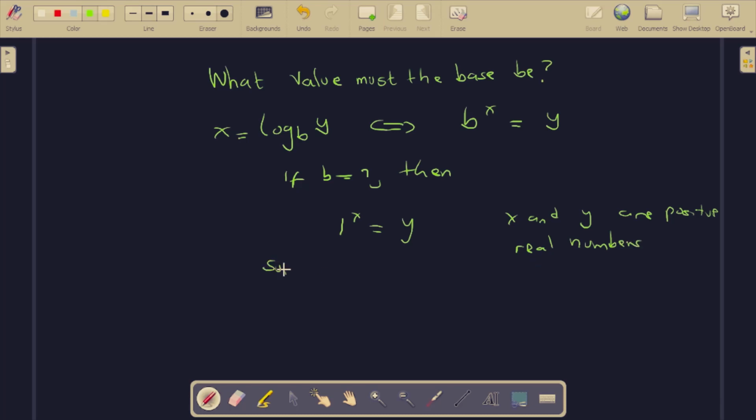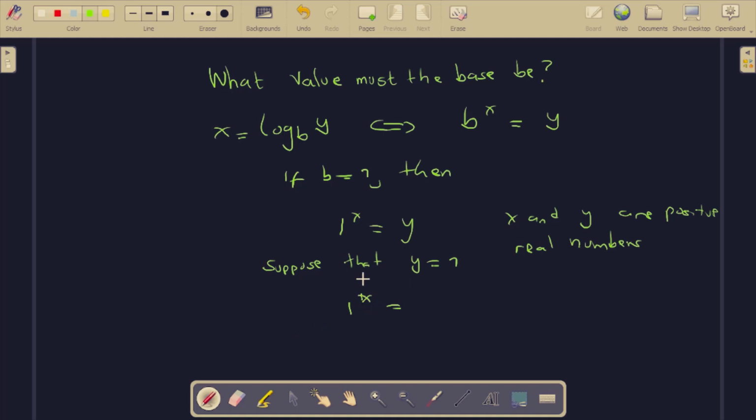Here we want to suppose that y is equal to 1, for example. Now x can be anything.